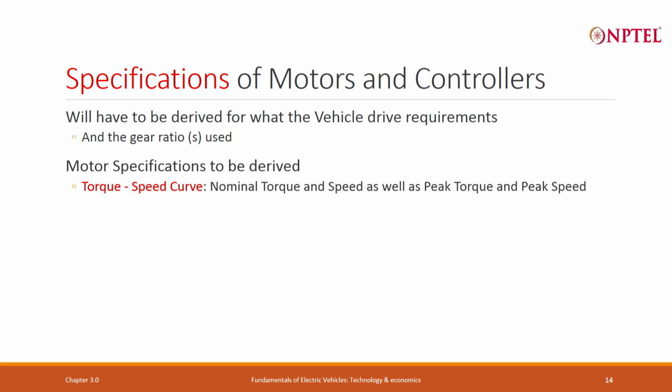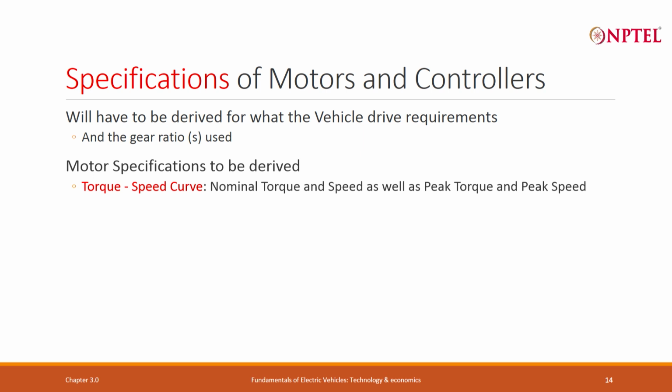And the torque speed curve, what is the torque at different speeds, becomes a very important parameter for the motor. Motor has to deliver a specific torque at a certain speed.